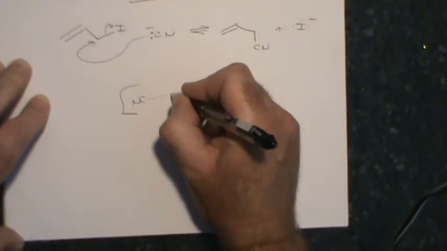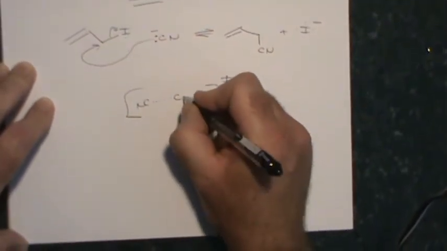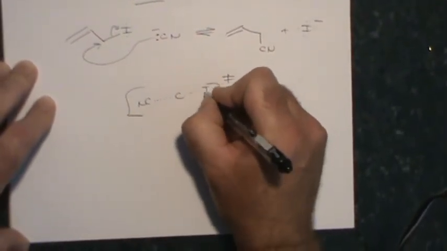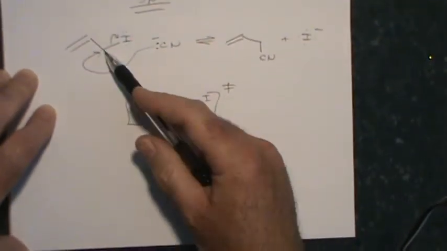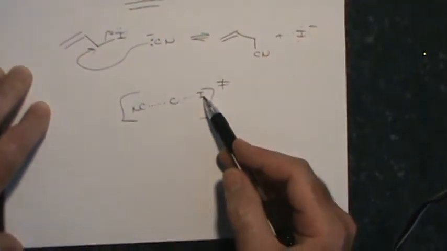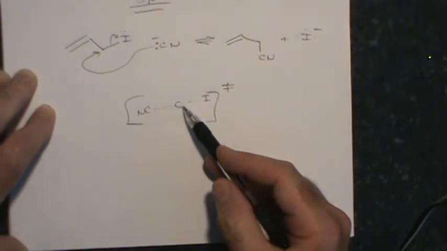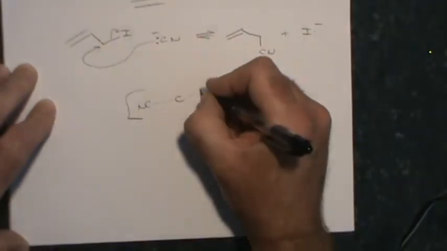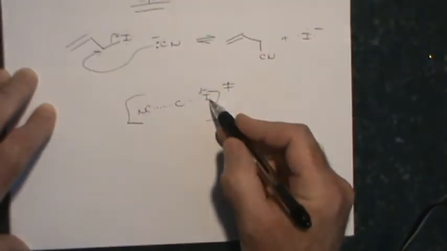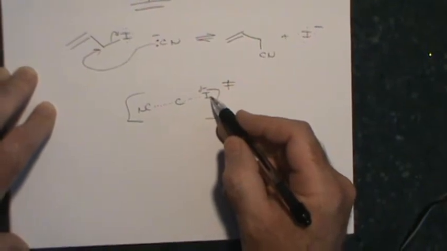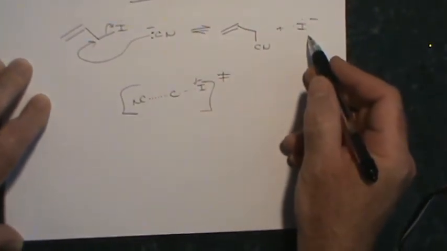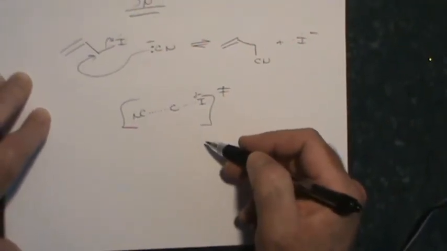So it's approaching that carbon. This carbon is at the same time starting to lose its bond to iodine. This bond is lengthening. We're starting to form this bond and break that bond. We've got a delta negative charge on that iodine as it pulls electrons with it. It will eventually be a full negative charge, but at the transition state it's just delta negative.